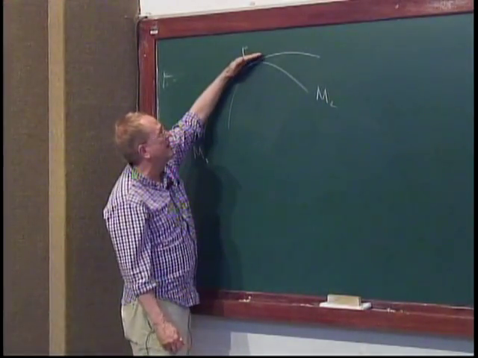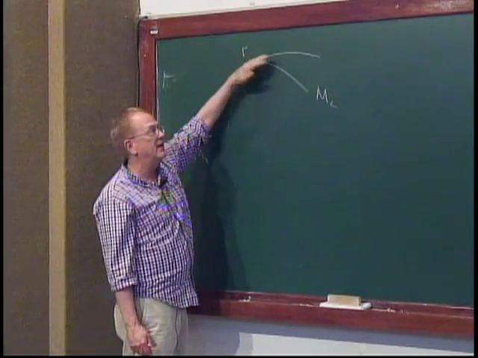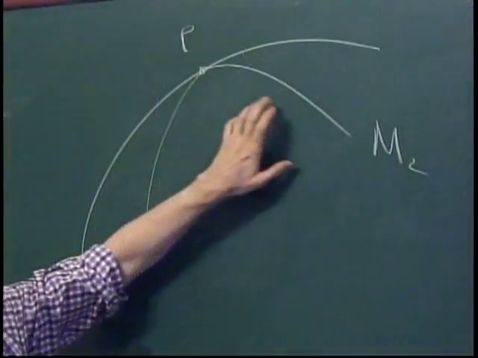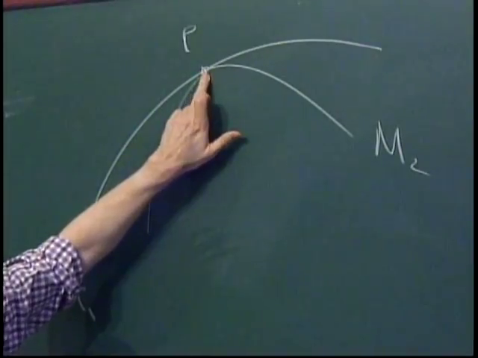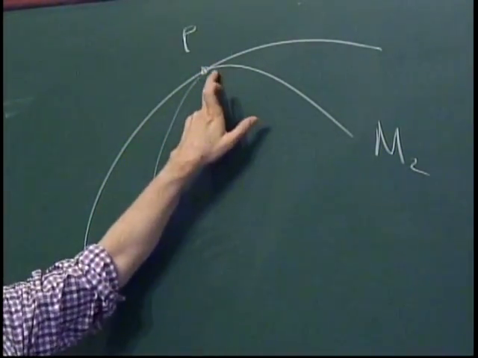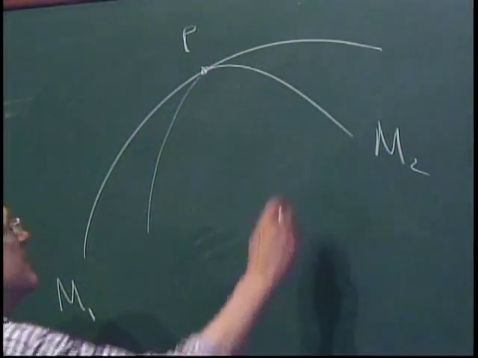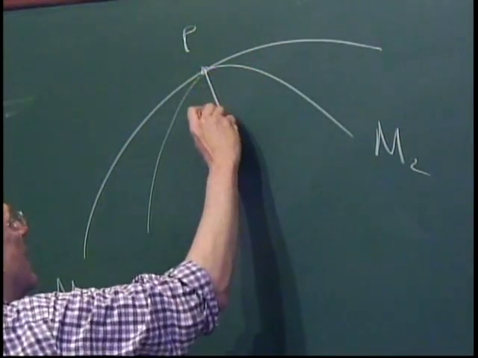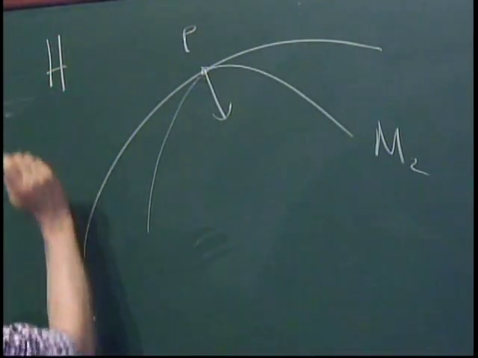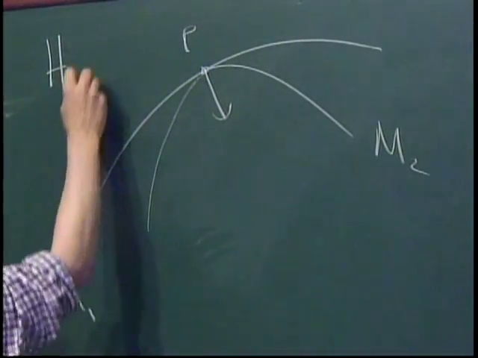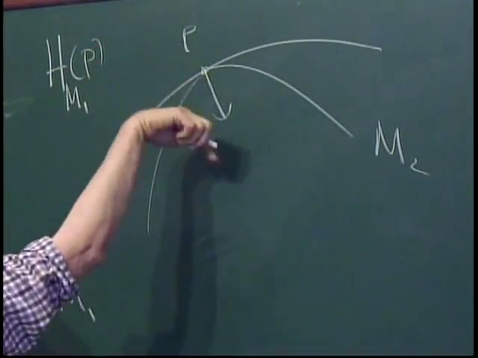If I know something about how this surface is curved at this point, and this surface lies on one side of it, what can I say about the related geometry of the second surface at this point? So let's suppose that at this point, the mean curvature vector of M1 is like that.